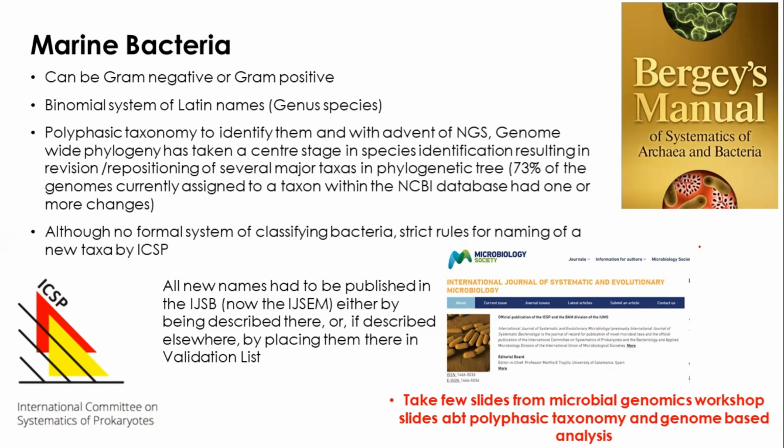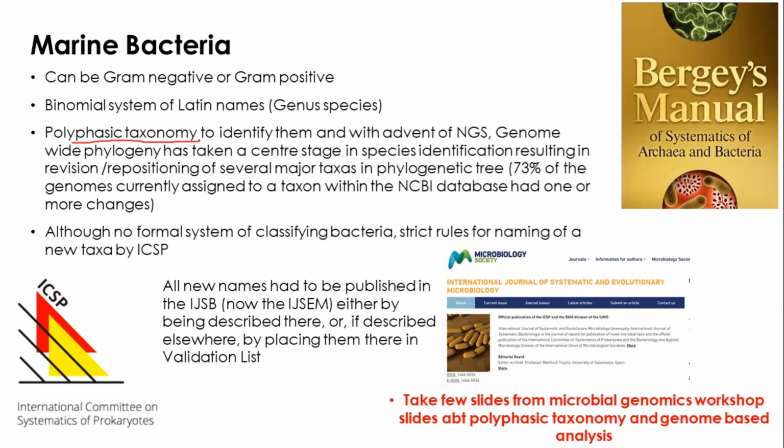In order to identify any bacteria or to find out the classification of the bacteria, we have to perform polyphasic taxonomy. A couple of slides back, yesterday, I told you what polyphasic taxonomy means. It means the integration of various different kinds of methods.